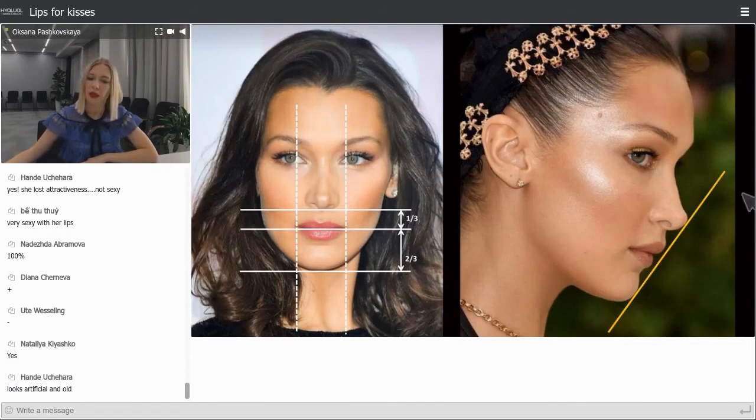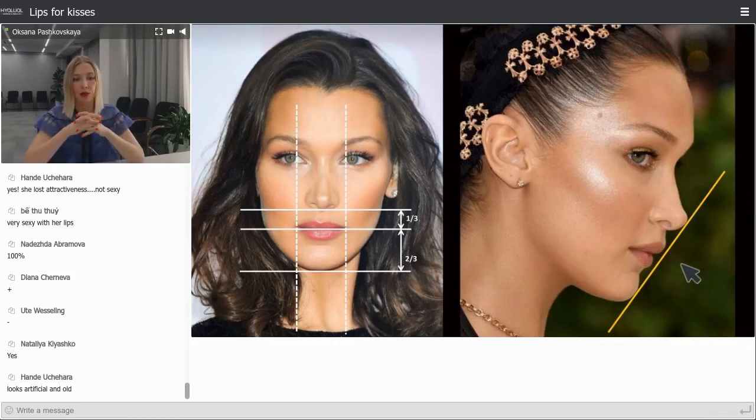We mentioned before that the upper lip should be shorter or smaller than the lower lip. But look, in Bella's face, her upper lip is bigger and almost touches the Ricketts line. So I think her cosmetologist or her doctor should be careful with additional volume in the upper lip, because it could lead to a duck lips effect.